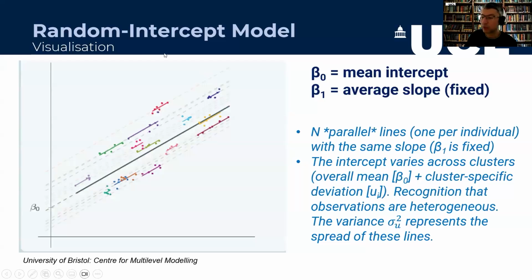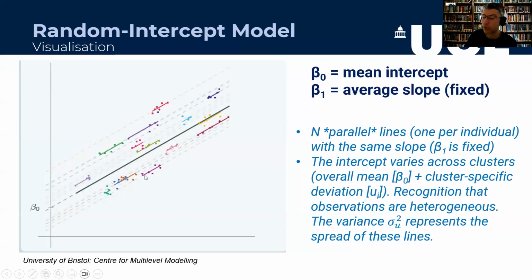So effectively, what happens when we calculate random intercept models is that we only obtain these two values, beta 0 and beta 1, and then the random components. But what is effectively going on is that we are calculating each of these different relationships across each of the clusters, so across each of these schools or countries or regions or whatever the cluster is.